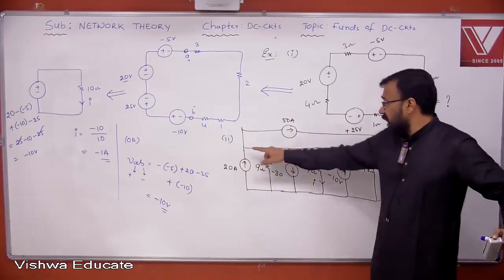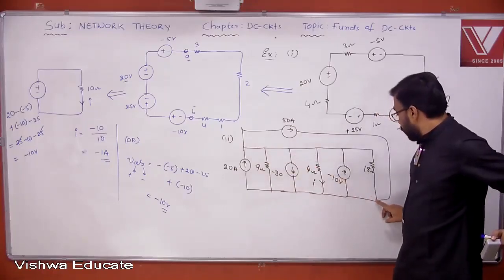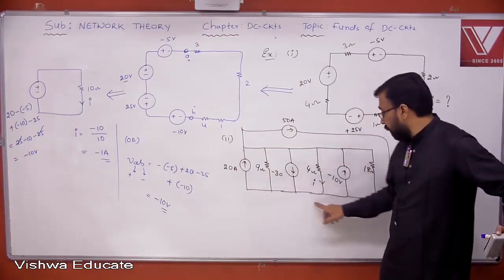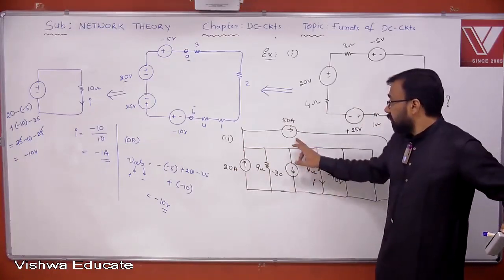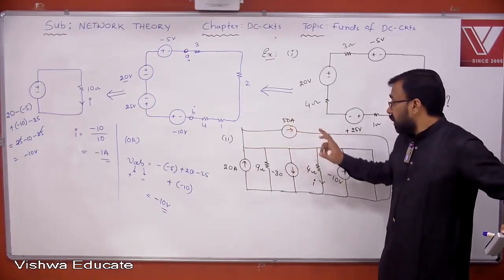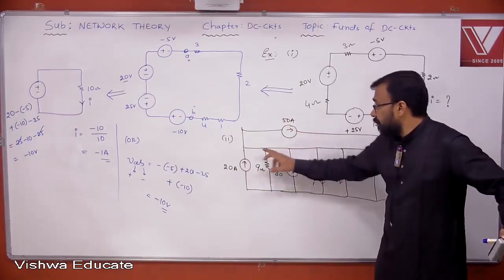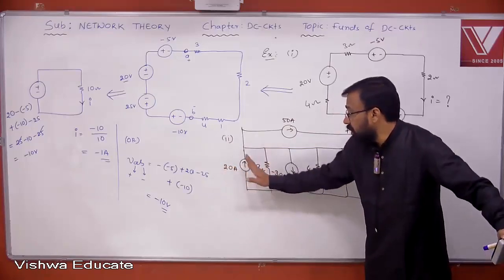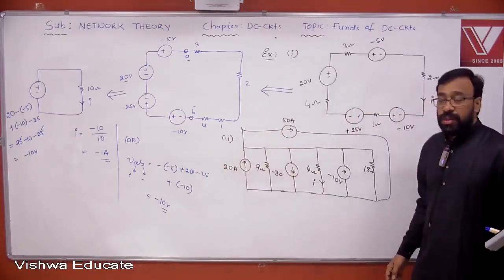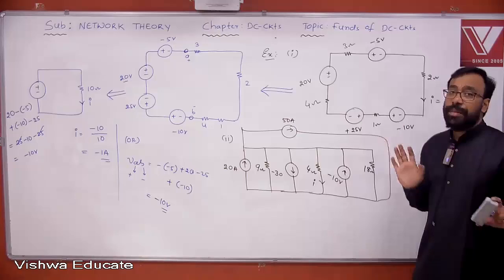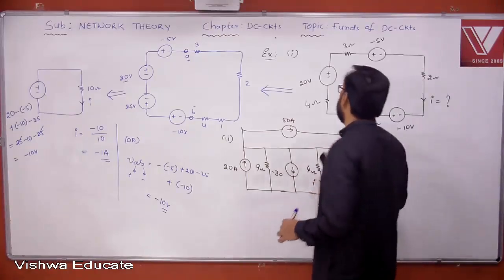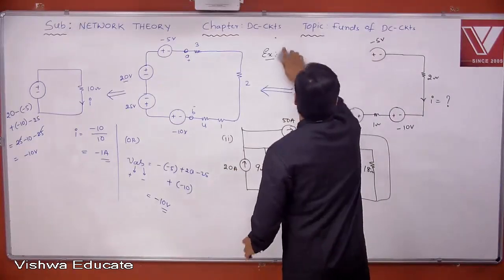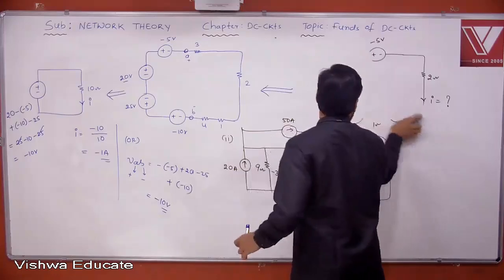This element is also connected between this point and this point, but this point and this point are all the same. Yes or no? Therefore, I can redraw the network something like this. The 50 amperes can also be connected here in downward direction, parallel to this element. Yes or no? That means all elements are connected in parallel. So let us replace that entire network by a parallel combination, something like this.